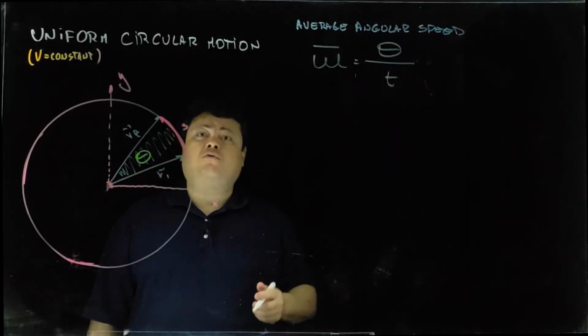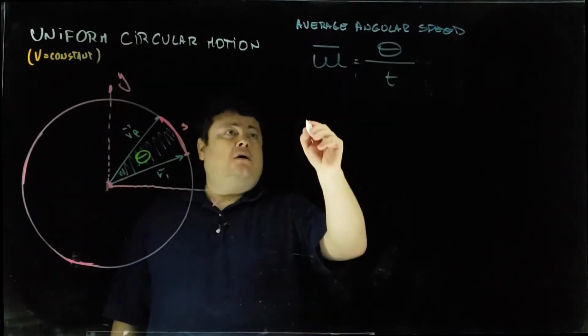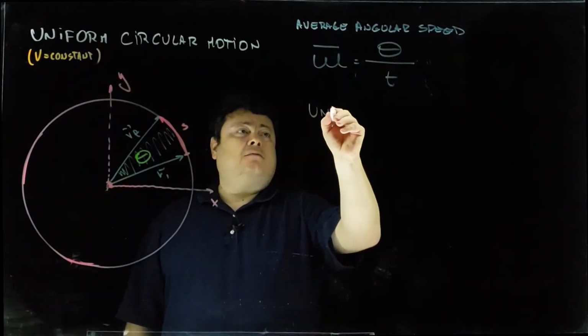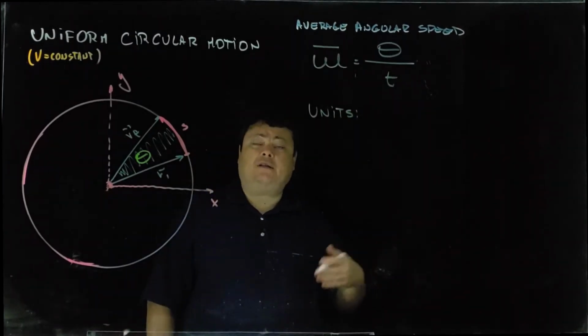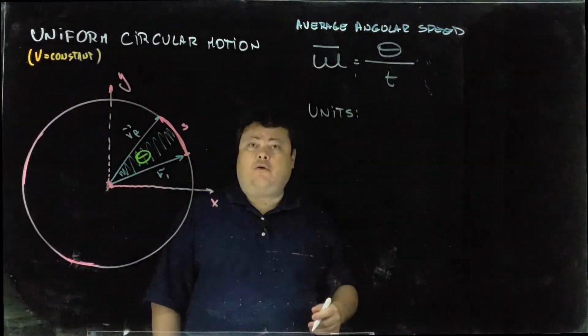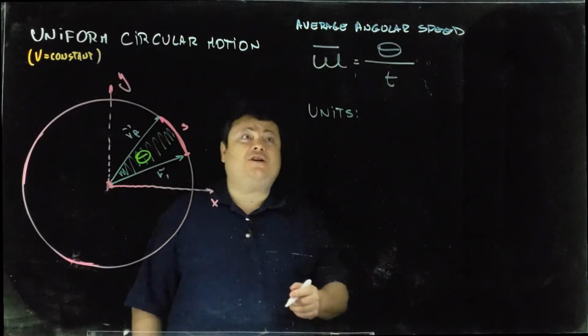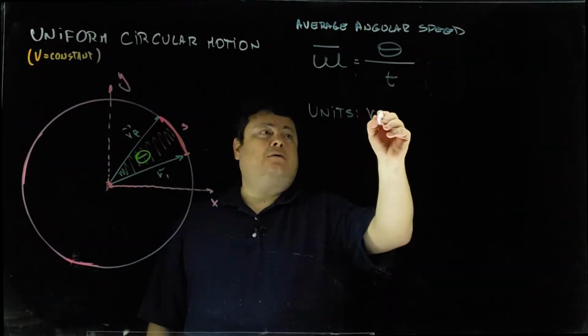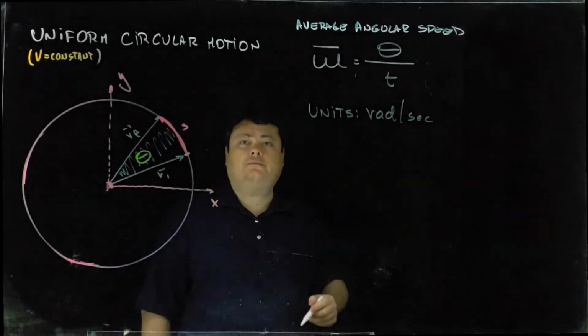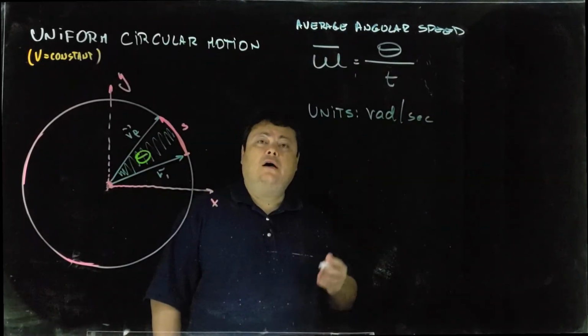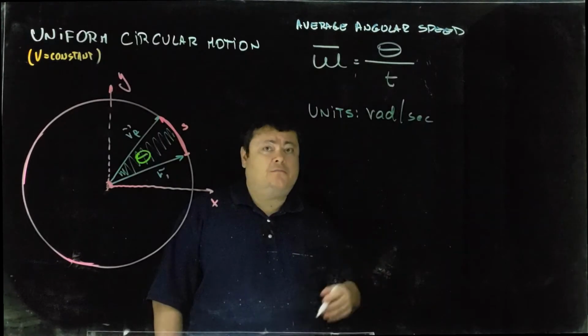So it's theta over t. In terms of units, any unit of angle divided by time would work for angular speed. But the international unit is radian per second. The faster you get used to it, the better.